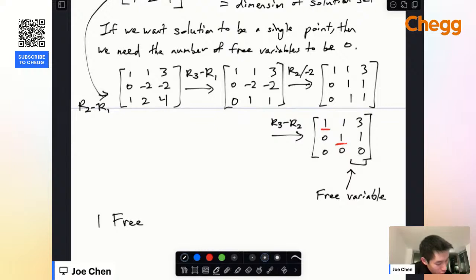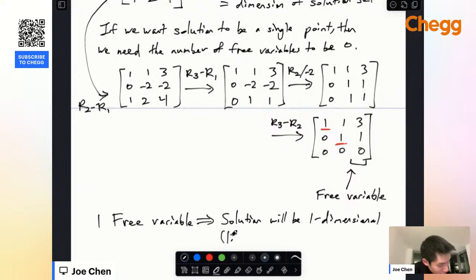Here we have one free variable, which means that the solution set will be a one-dimensional object, which is a line.